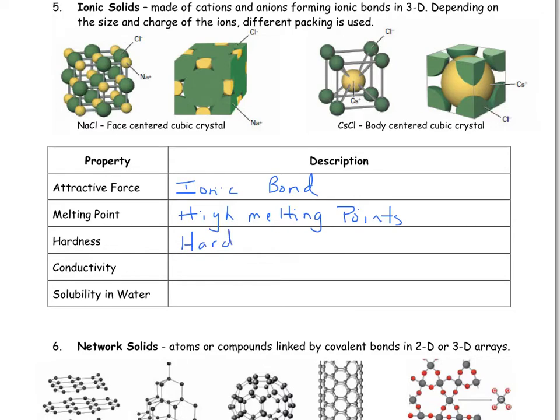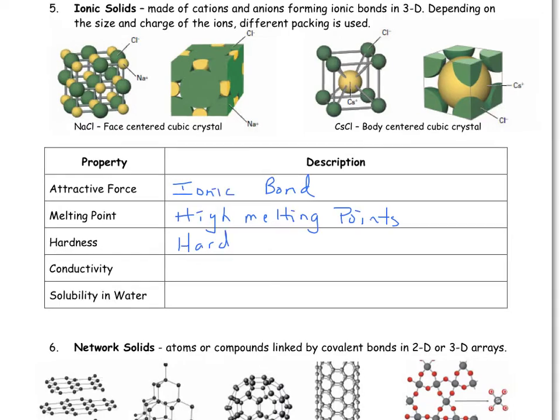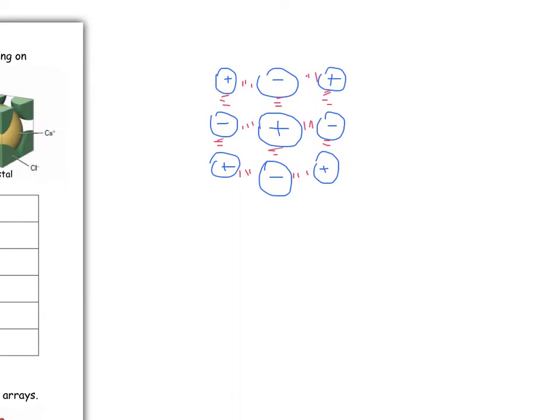But ionic compounds do have a weakness. If, for example, I take a hammer and bash this column here and displace this row of ions down slightly, what will happen is they will be repelled by the oppositely charged ion.